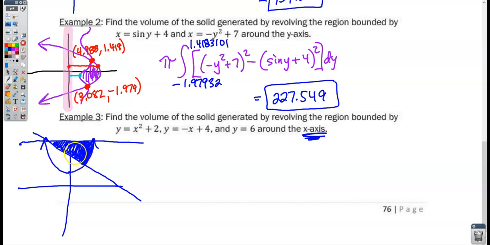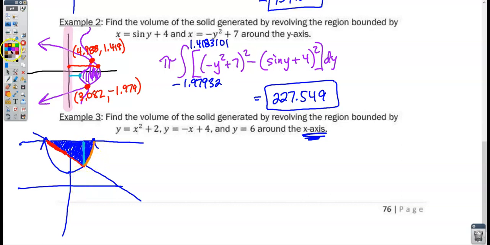And so now we have a transition of boundary. We talked about this when we were finding area, but along the bottom here, this line is the lower boundary, the inner curve, the inner radius. And then right here at this line, the lower boundary changes, and it's now this parabola instead.